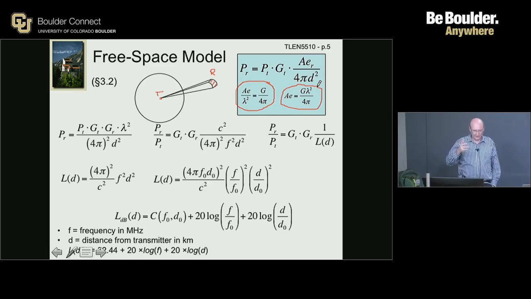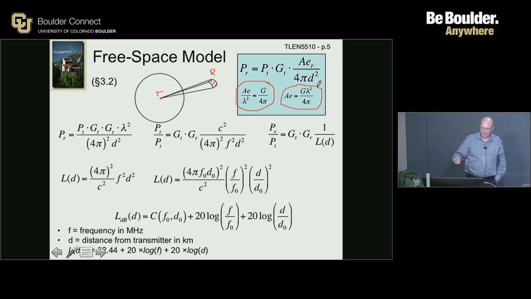Then we change lambda equals c over f. We move P_T to the other side of the equation, and we get that the power received over power transmitted equals the product of the gains times the inverse of the path loss, right?